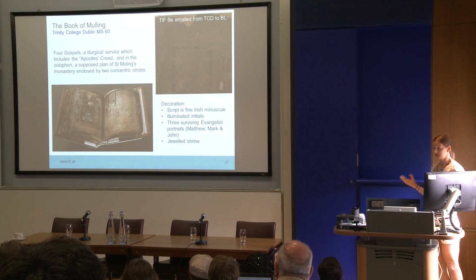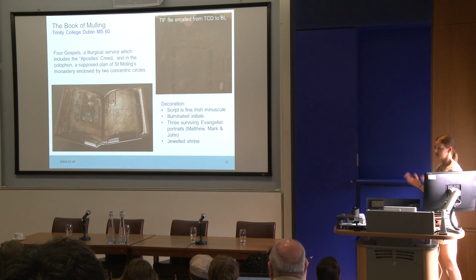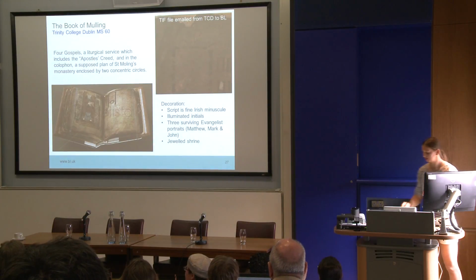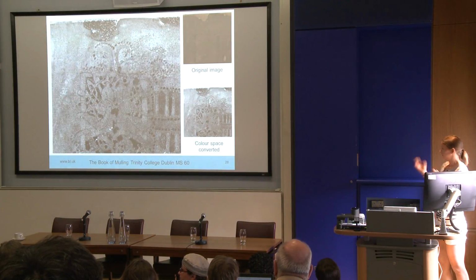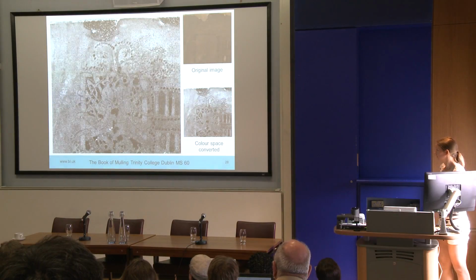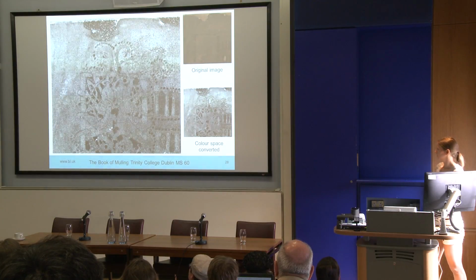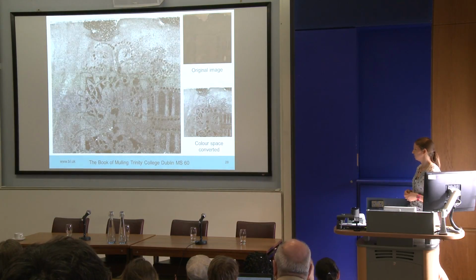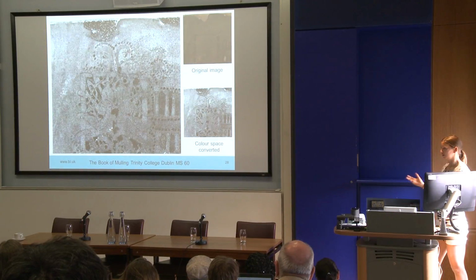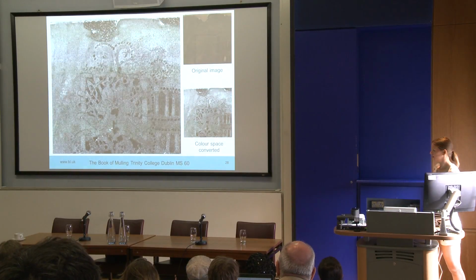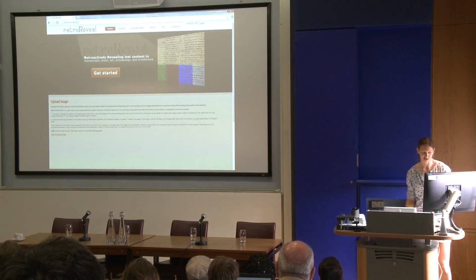So basically this is a RGB image, put it into a different color space, and like we saw before, suddenly we can see huge amounts of information. And this is simply just using the image that we have. It's not using any expensive multispectral imaging kit. So this has allowed Bernard to redate the manuscripts, and we've used it on many more of the folios since then. So very simple technique to use.